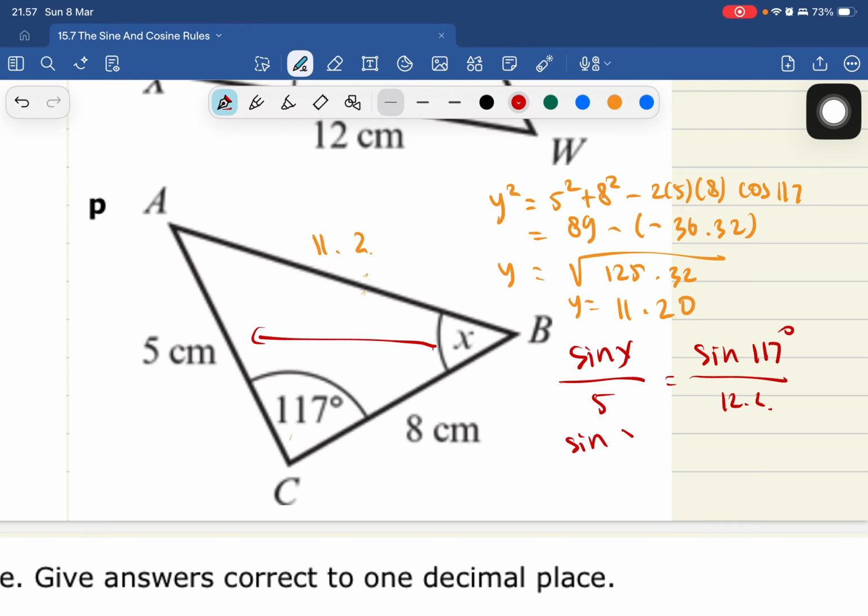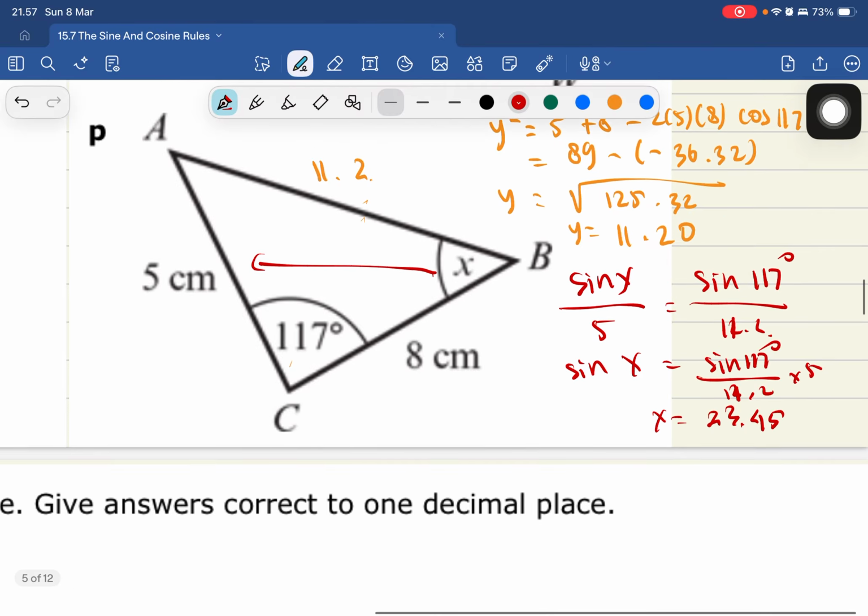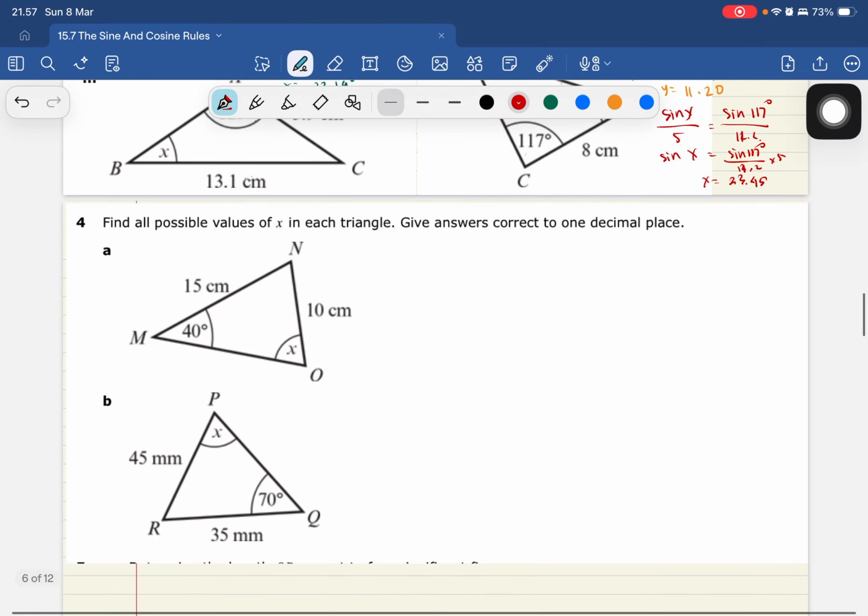So the sin x is gonna be sin 117 degree divided by 11.2 times 5. After you make it inverse, you will get the angle of x equal to 23.45. There it is. I will continue for the next part. Thank you.